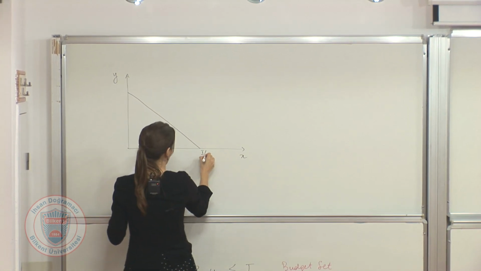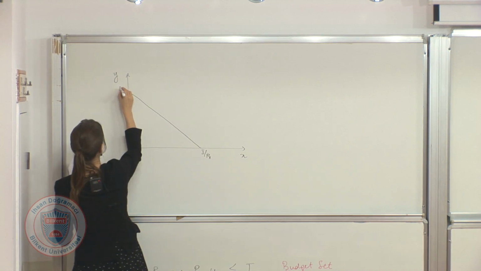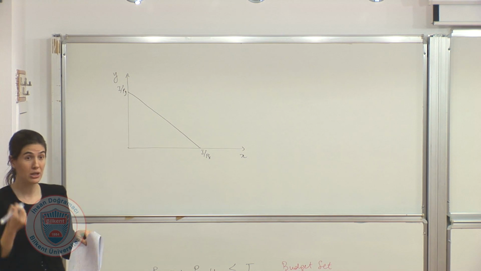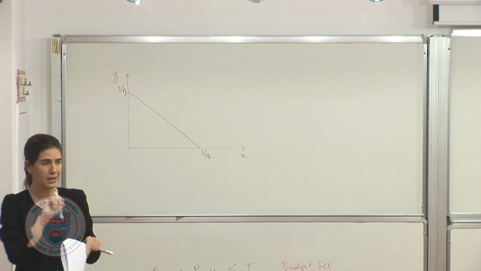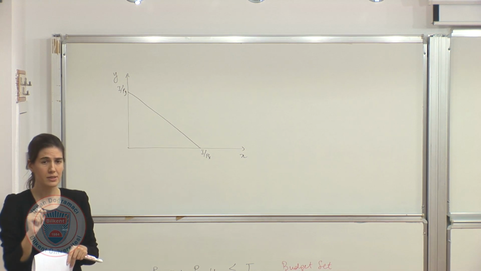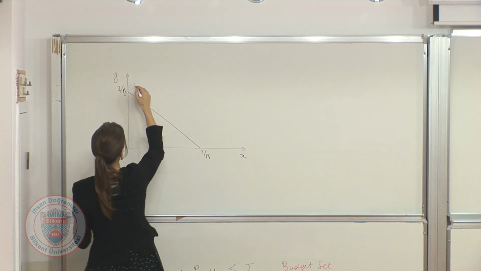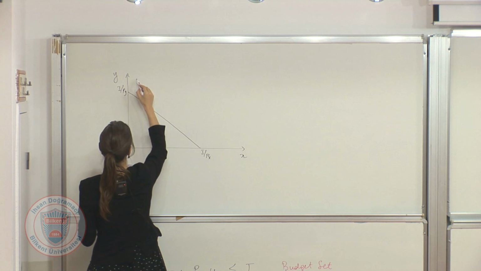So this is I over px, I over py. Whenever you draw any graph, make sure you don't forget to label your axis, okay?